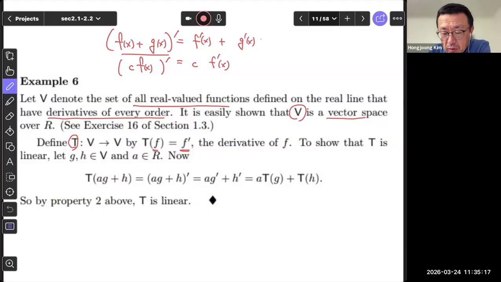So these are very common properties of differentiable functions, and those imply that this differentiation mapping will be a linear transformation.